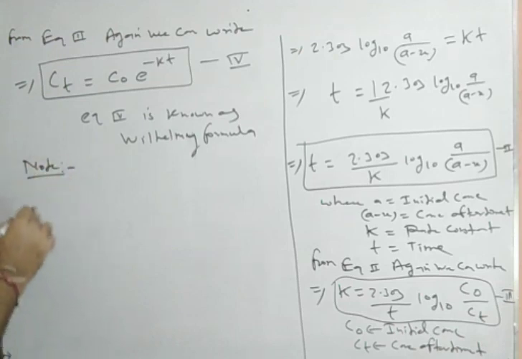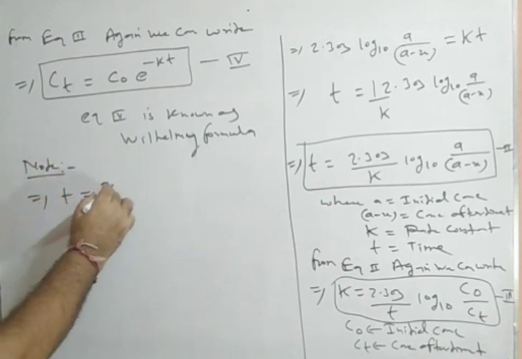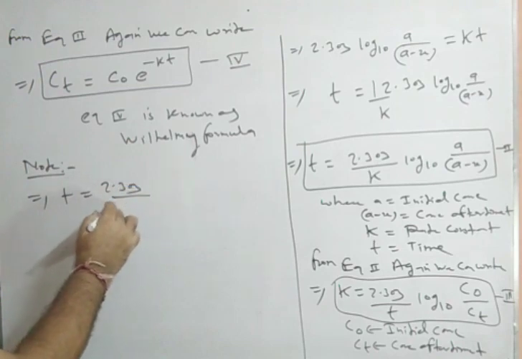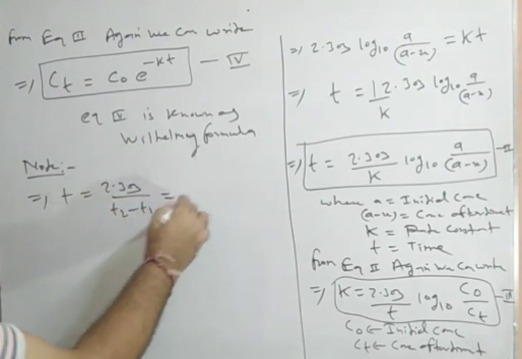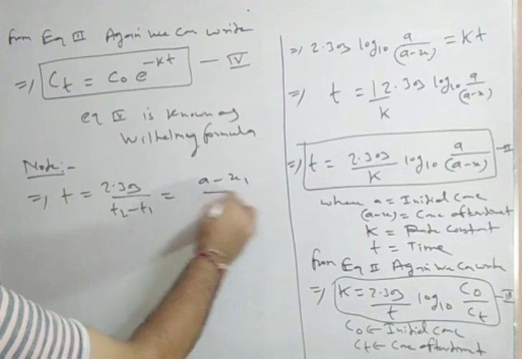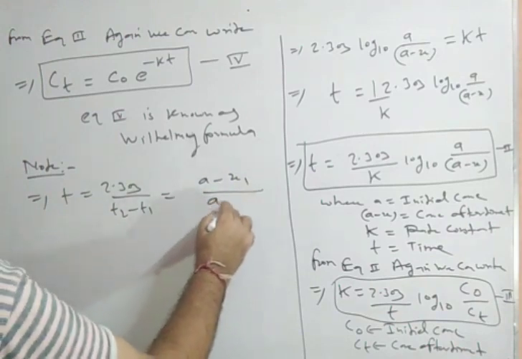Note: k t is equal to 2.303, and t2 minus t1 is equal to a minus x1 over a minus x2.